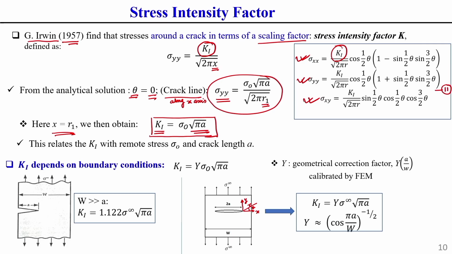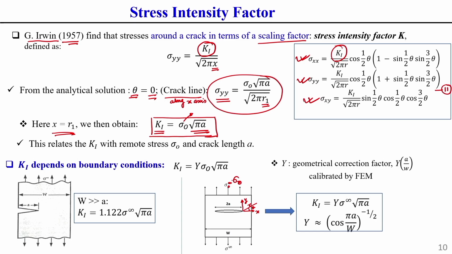In that case, what is the K1 value? That K1 is sigma 0 square root of pi a. Always keep in mind that this K1 is related to sigma 0, meaning the far field stress; instead of sigma alpha, you can write this as sigma 0.